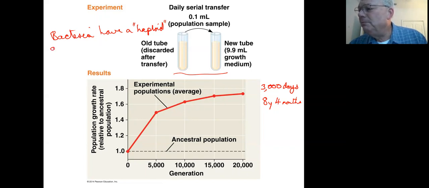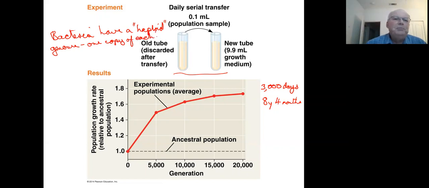A haploid genome. So one copy of each gene. So that means mutations in genes almost always are going to generate something new, because there's no backup copy of the gene. When the gene gets mutated, you're going to create something new.